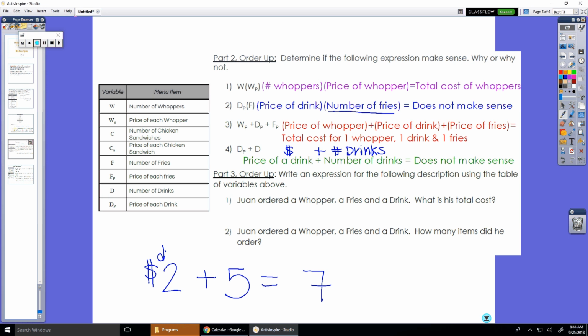So if your cost of a drink is $2 and the number of drinks you got was 5 drinks, you really should be paying $10. And so this 7 doesn't make sense because you're mixing units. Units meaning the labels for the numbers. So you're mixing dollars with just a number.